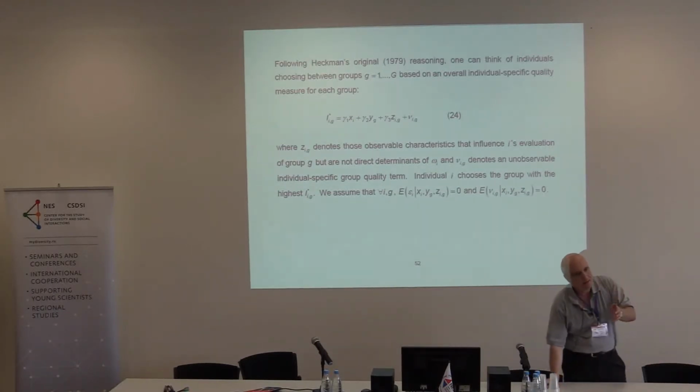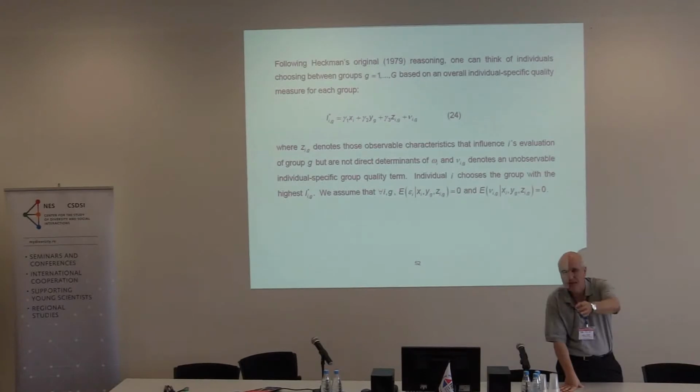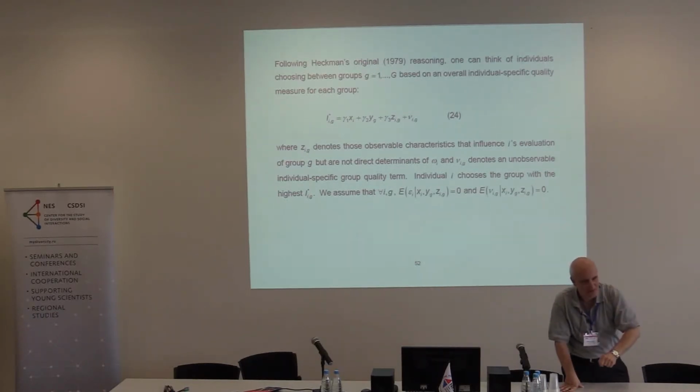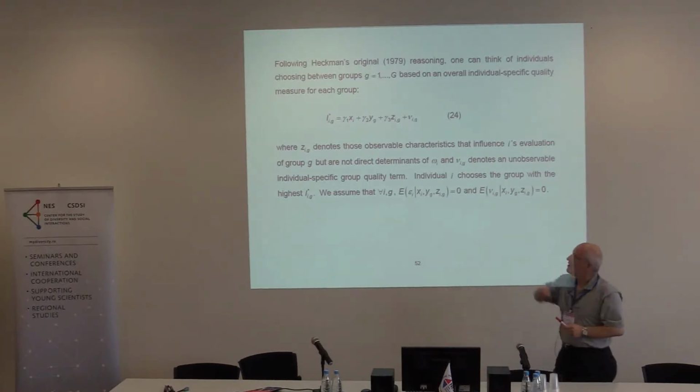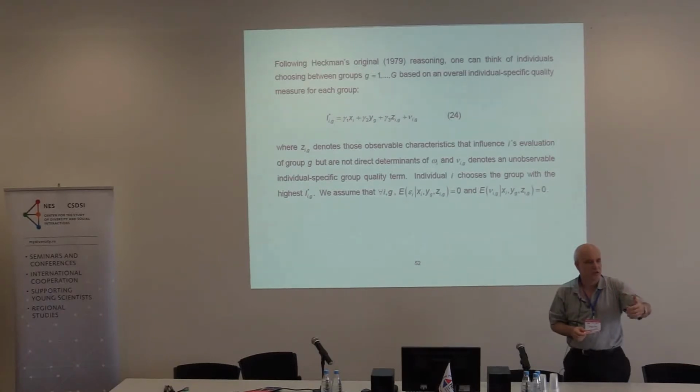So the idea would be that people have made choices, they're members of one of G groups. By definition, why are you a member of this group versus that group? Because you get a higher net utility from this group versus that group. Remember, net utility includes the price of living in the neighborhood. So each neighborhood has, for each individual, an I star G. That's the quality I assign to neighborhood G. That's not observable.